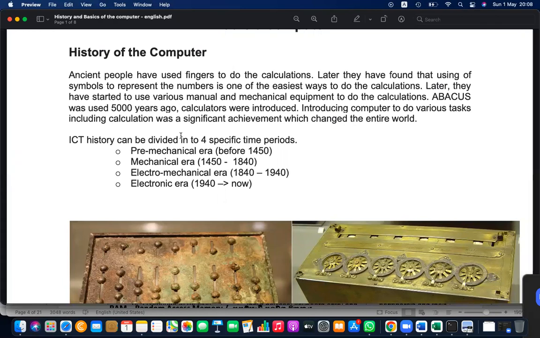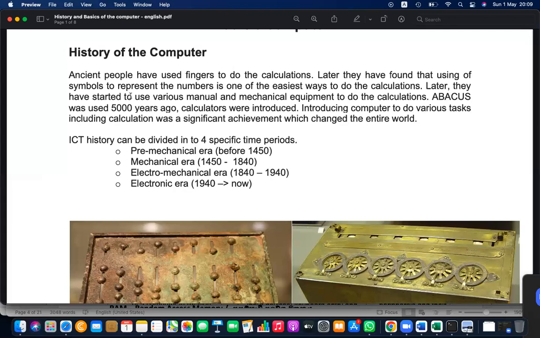The clear evidence we consider is the abacus, because the abacus is a kind of machine which was used for early calculations. Still we are using the abacus as a fundamental device for learning calculations. This was used 5,000 years ago in ancient history. Actually, this is called the zero generation.